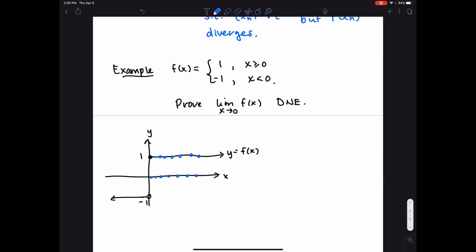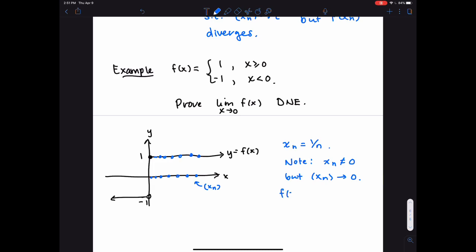So there's one of my sequences. This could be my sequence xn. I need an xn going to 0, always from the right. That's 1 over n, for example. Note here, xn doesn't equal 0, which is our c value.